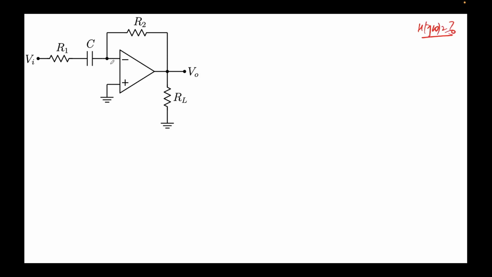Again, I'm not repeating the same things, but there is a virtual short condition because we are assuming it's an ideal op amp operating in the linear region. So we see that this is an inverting amplifier, and we know that for an inverting amplifier, gain is nothing but minus R feedback over Rn.